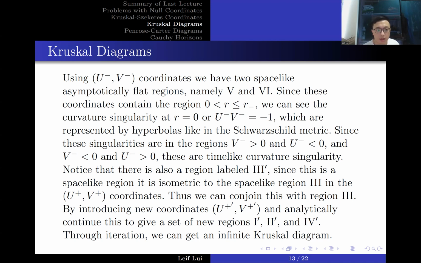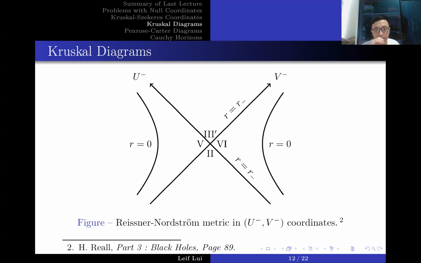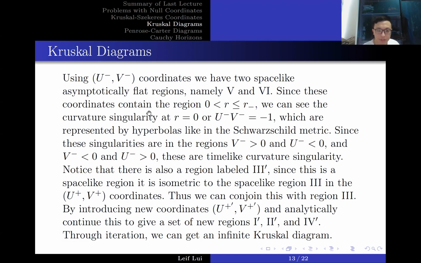But since these singularities are in the region where v minus is greater than 0 and u minus is less than 0, and vice versa, these are called time-like curvature singularities, because these are in the time-like regions instead of the space-like ones.